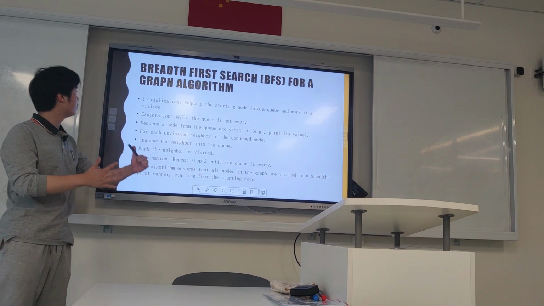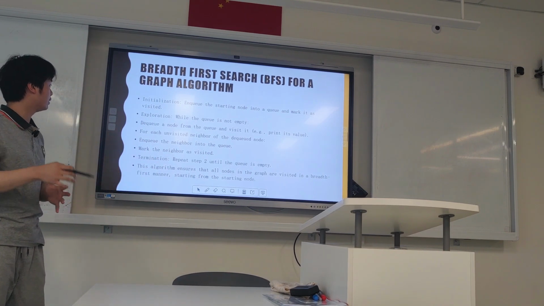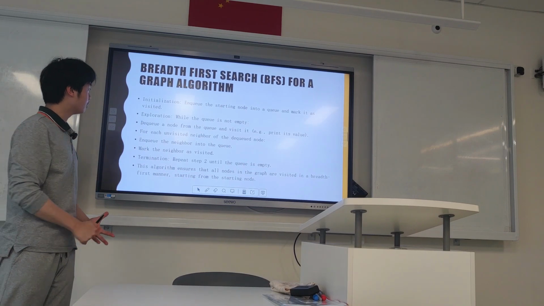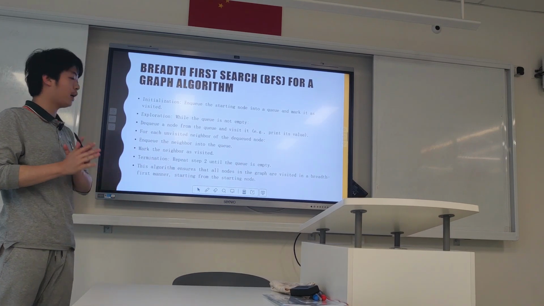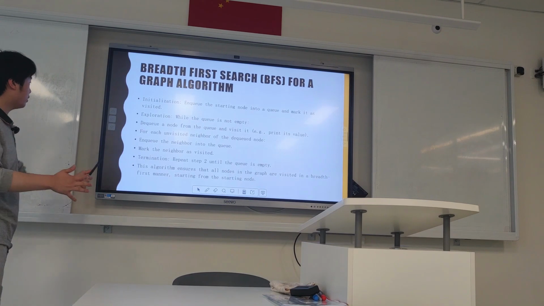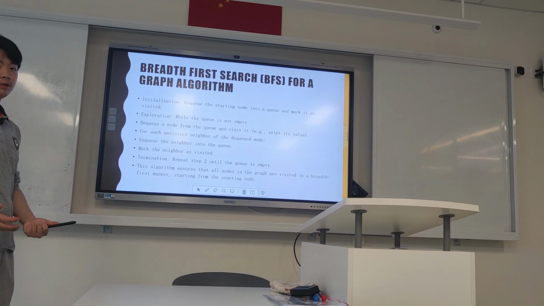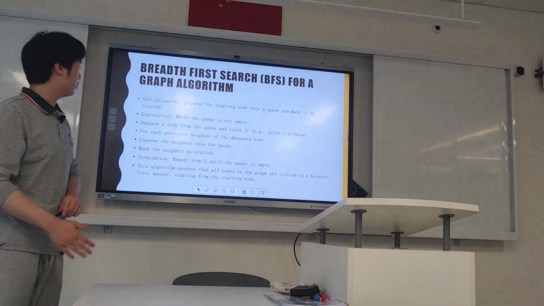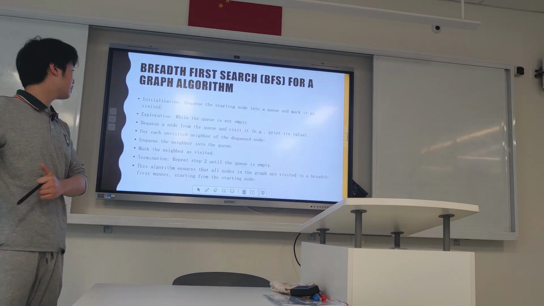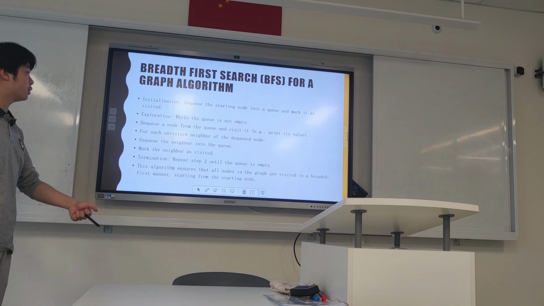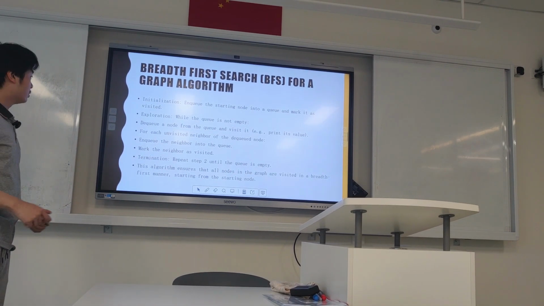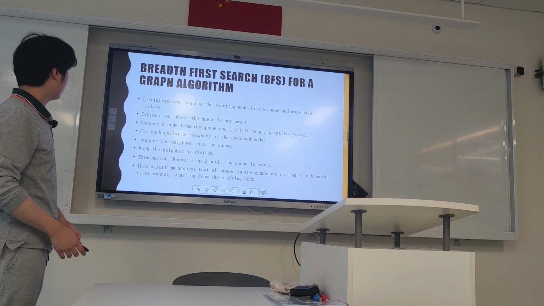So here's how it works. First, we'll include the starting node into a queue and mark it as visited. We'll still use the visited array to check whether a node is visited or not. But what is different from DFS is that we'll use a queue to store the nodes, while in DFS we use a stack.